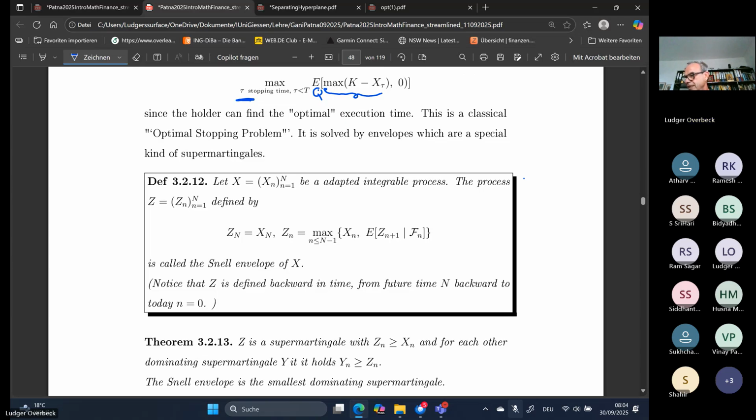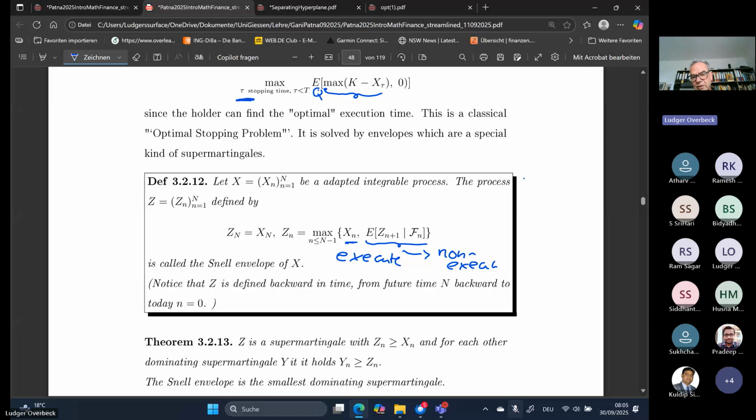So if you execute, then you get this one, and this is if you do not execute. Now we will later see this in the application. Currently we just define it like this, non-execution at time n. This means the value of the option if you don't execute. Mathematically, that's called the Snell envelope.